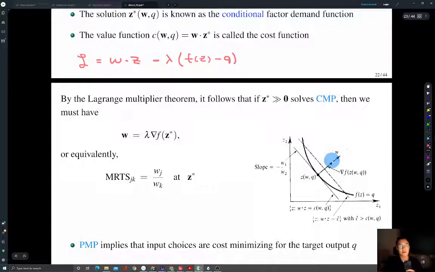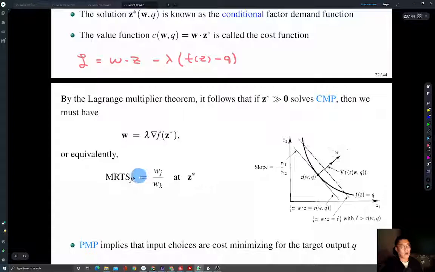Just as the gradient of a utility function indicates the direction in which utility is increasing at the greatest ascent, the gradient of a production function tells us the direction in which the firm can increase the output at the greatest ascent. W is a perpendicular vector to the isocost. So this W vector and the gradient should indicate the same direction.